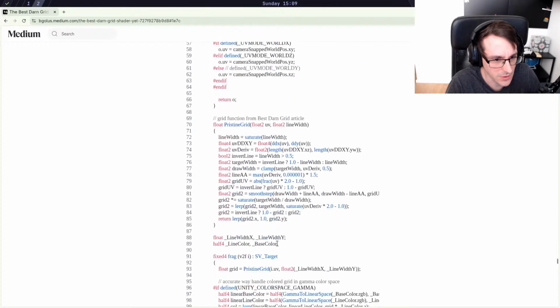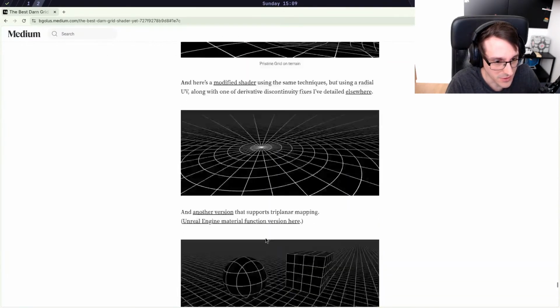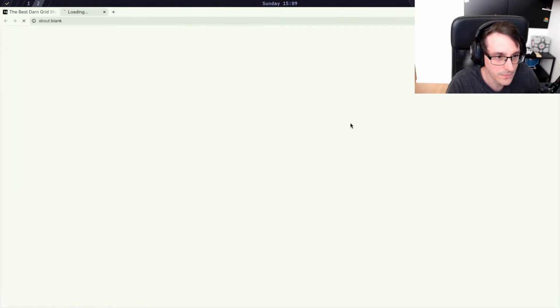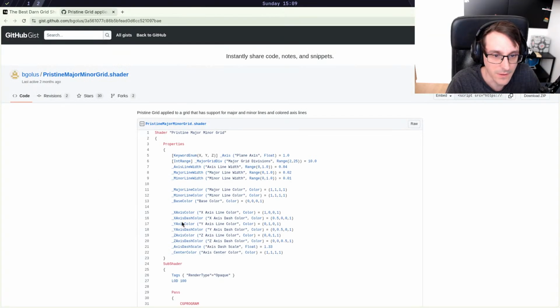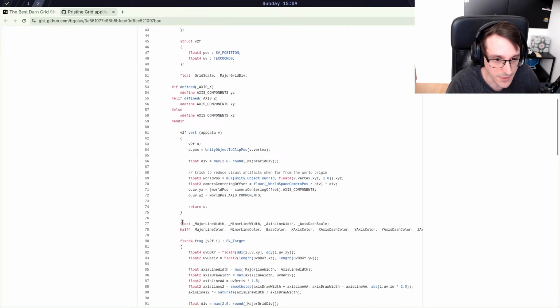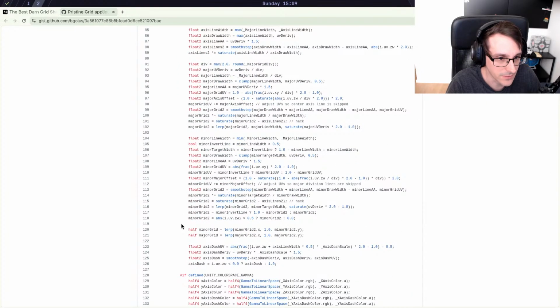And then I took a look at the Unity shader, specifically this one here. And I found a couple of things slightly different than what he was claiming beforehand.